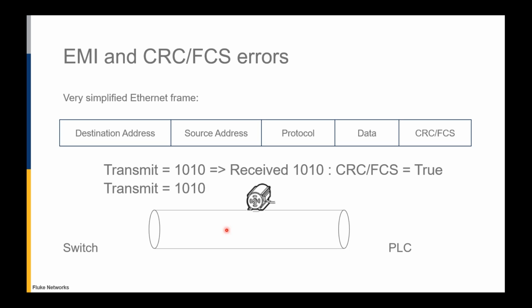Now I'm going to transmit that same thing one more time, but just as I do, the VFD kicks in. We get a little spike of common mode noise on the wire, and what had been on, off becomes on, off. And the CRCs don't match up.